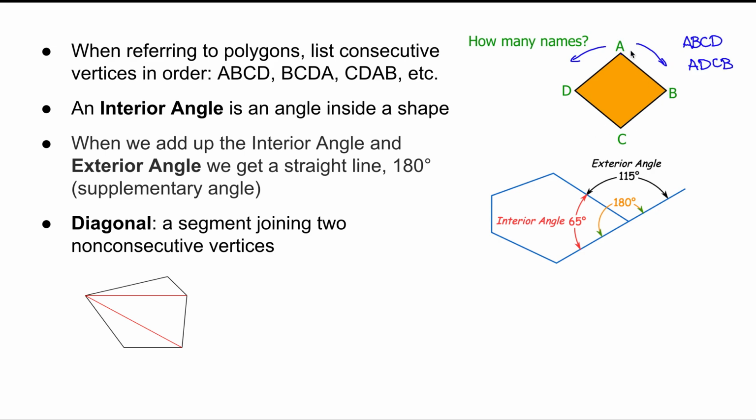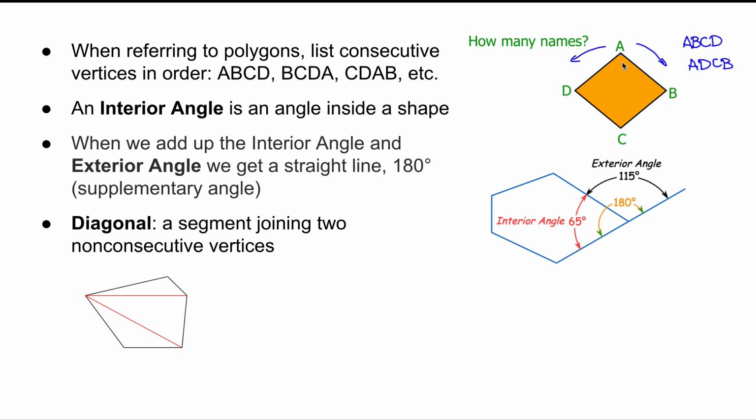You don't have to start from A, you can start from D, but you still need to go one direction. You can name this quadrilateral DABC or DCBA, or that same quadrilateral as CBAD or CDAB, in order, okay? But you cannot go quadrilateral ACDB like that.